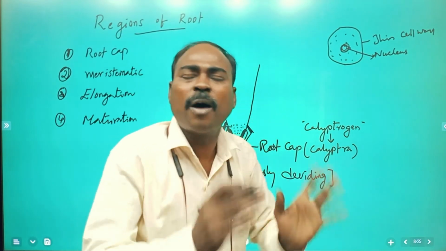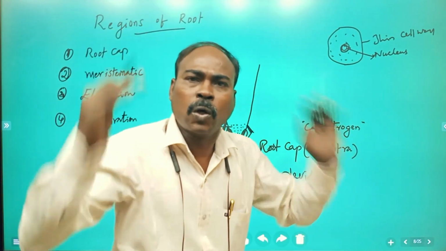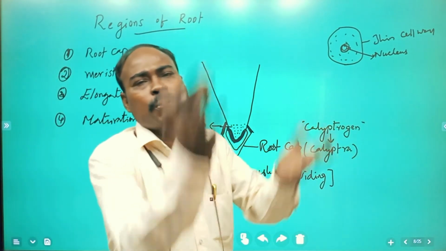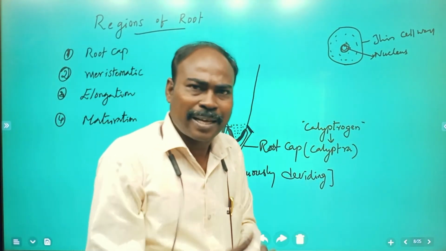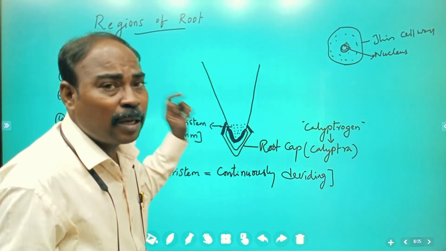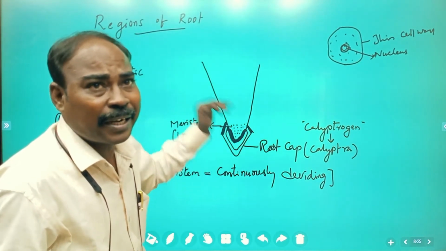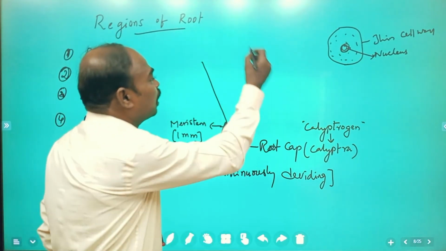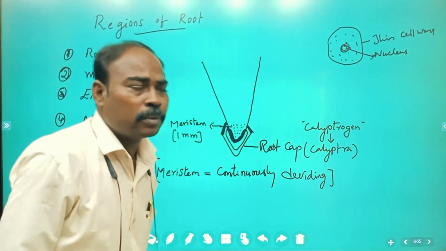The newly formed cells grow and develop, and again participate in division and produce two more new cells. Likewise, the cells in this region produce new cells and add new cell population continuously in the root, and help in the growth of the root.